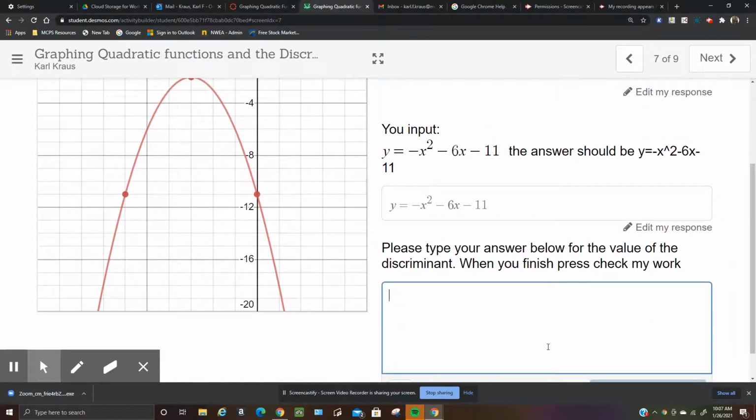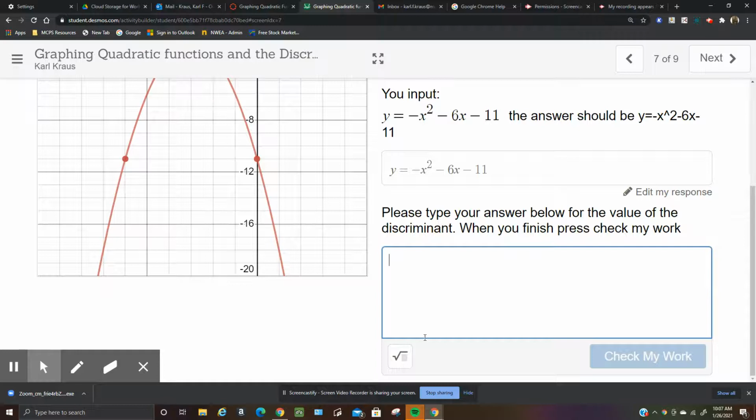And then find the discriminant. So b is -6. Plus 4 times -1 times -11. 36 minus 44 is negative 8.